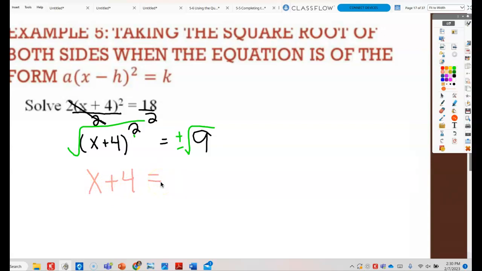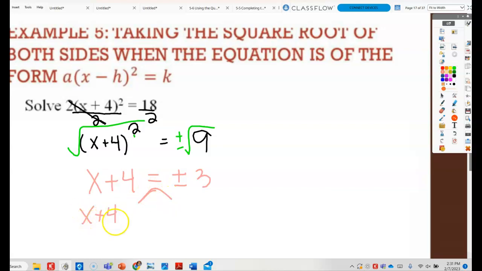So on the left, you have that x plus 4, the square and the square root cancel. The 9 becomes a 3 with a plus or a minus. This is like our absolute value problems. Something is equal to a plus or a minus, so you have to split it.